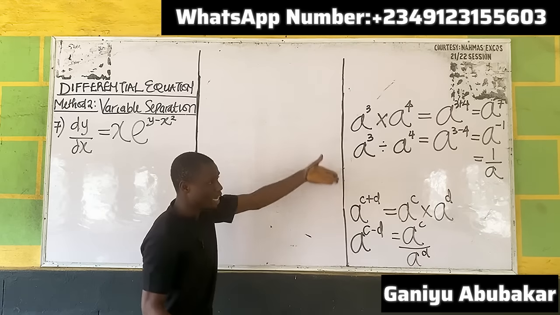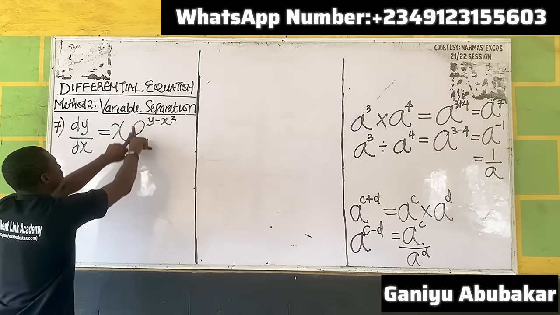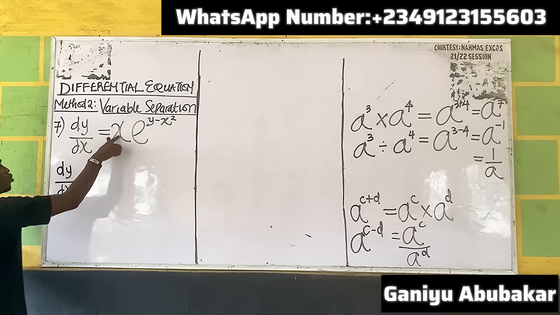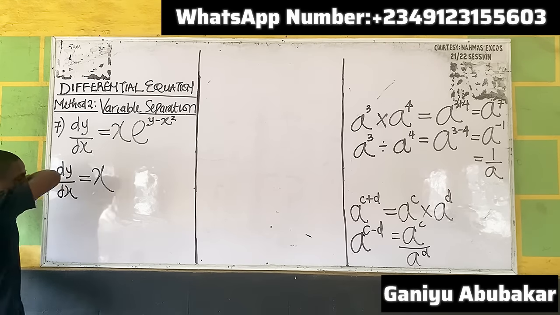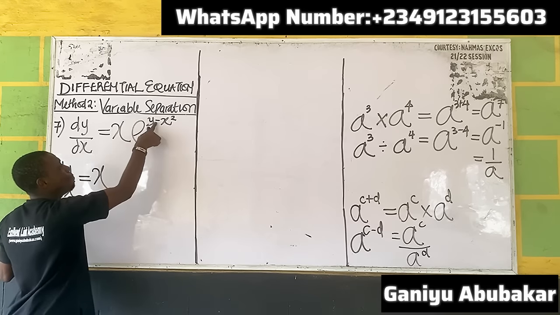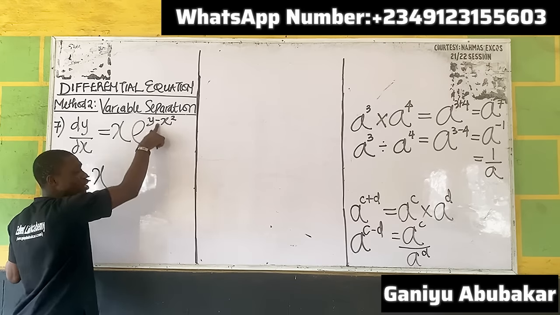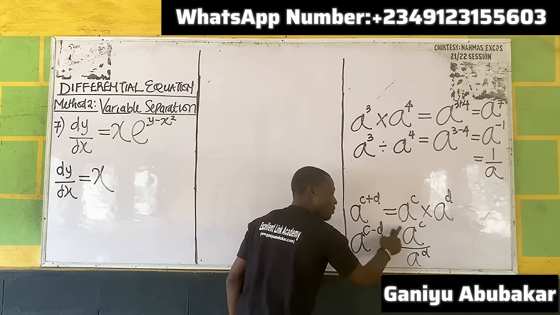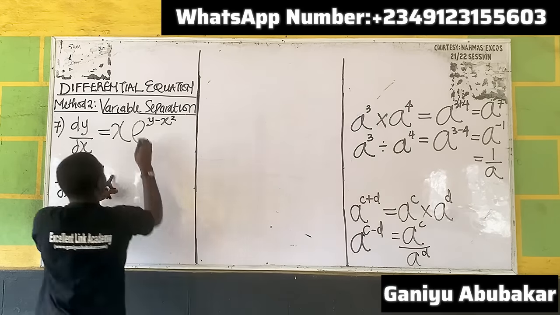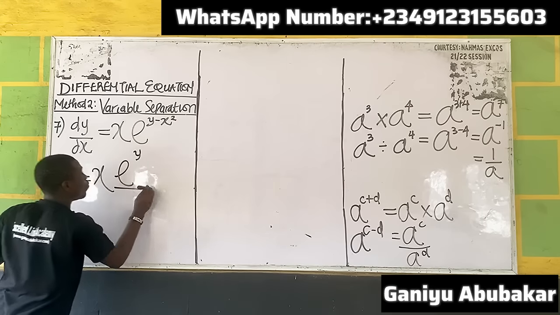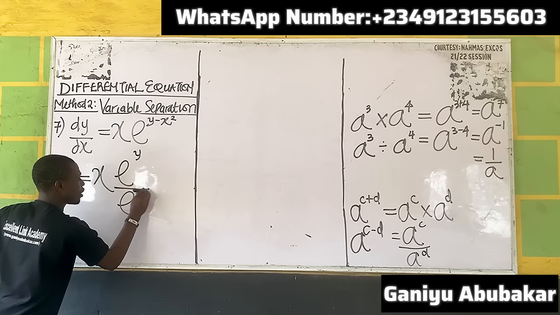So here's the analogy. From this part, this can be expressed as dy over dx equal to x times e to the power of y minus x squared. Now observe, for minus becomes division. That gives you exponential y all over exponential x squared.